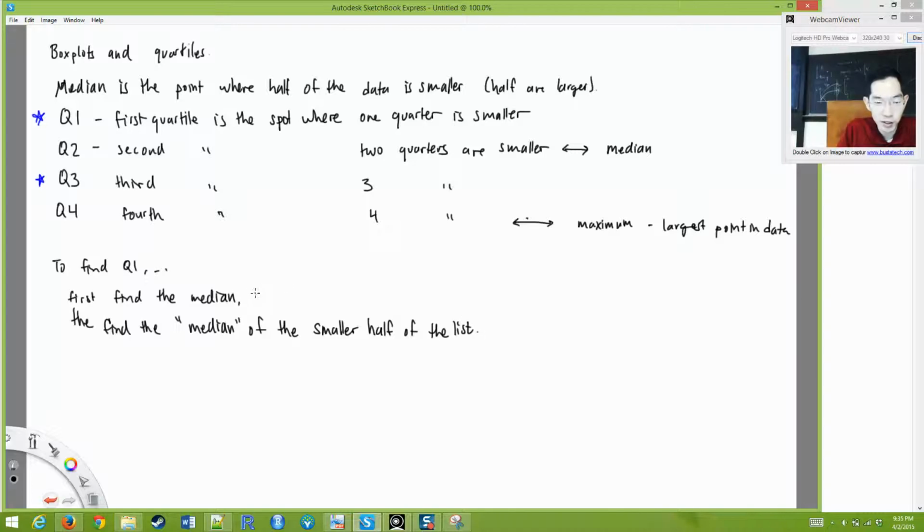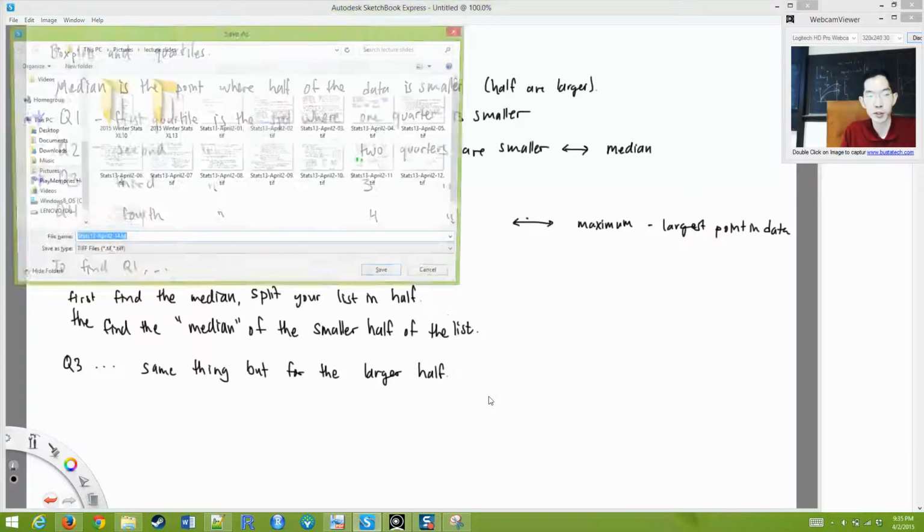So find the median, split your list in half. Okay, and then Q3, do the same thing, but for the larger half. We'll do an example here in a moment.